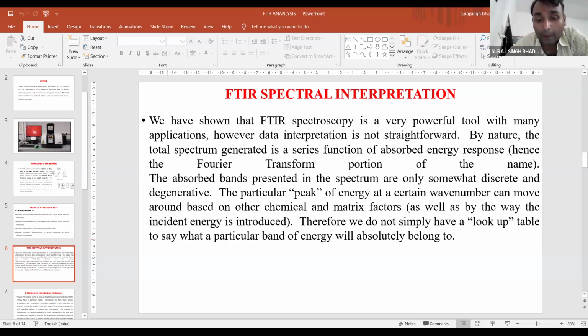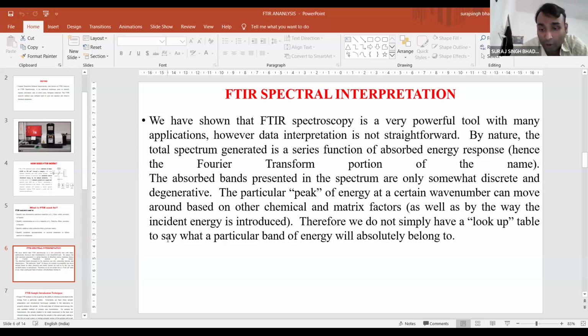So it depends on the amount of energy absorbed by different molecules. If a molecule absorbs a higher amount of energy, its spectrum is very different as compared to other molecules in our solvent system.